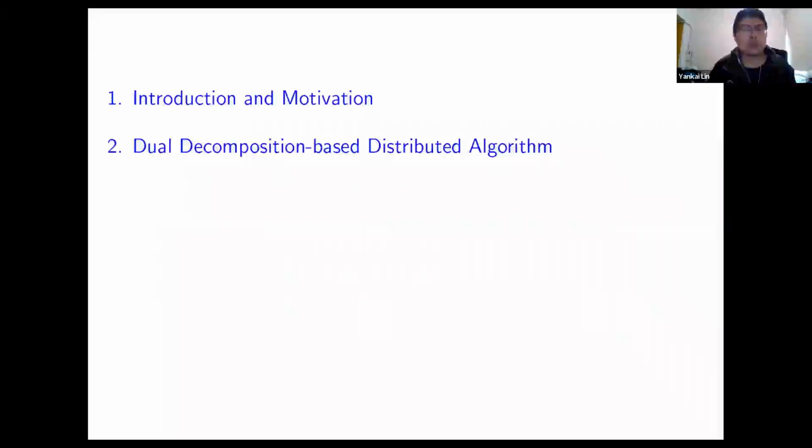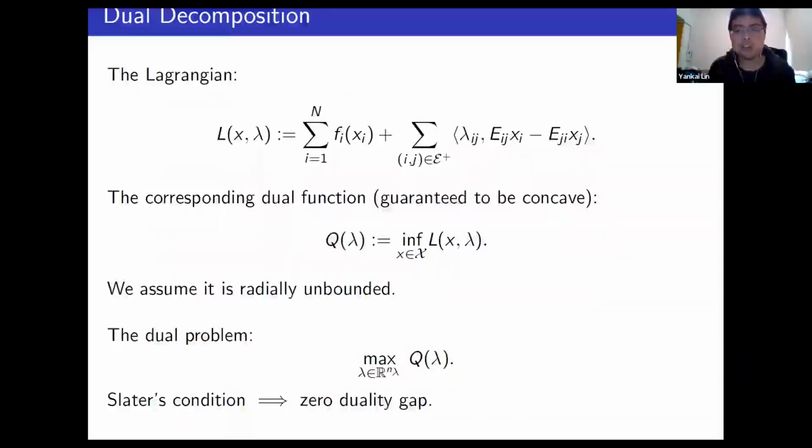So now I'm going to discuss the dual-based distributed algorithm and what it looks like exactly. When you try to do dual decomposition, the first step is to write down the Lagrangian. We have an equality constraint problem, so for each equality constraint, e_i x_i minus e_j x_j, we have a multiplier called lambda_ij.